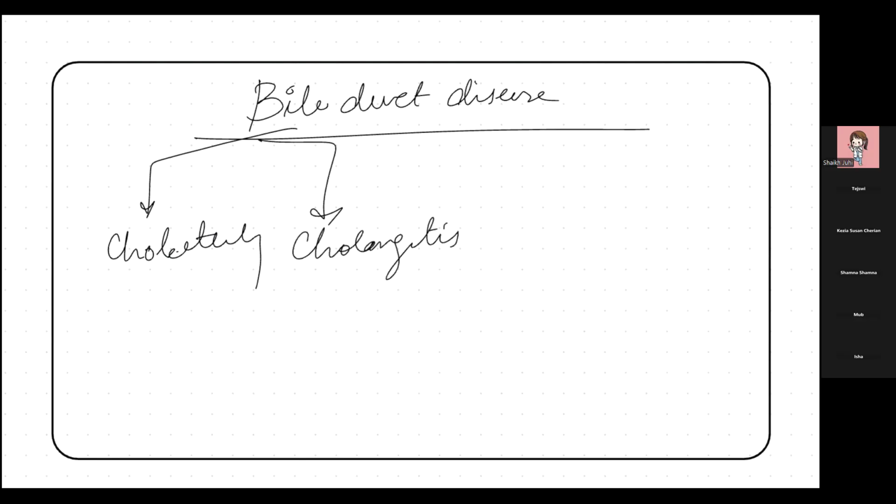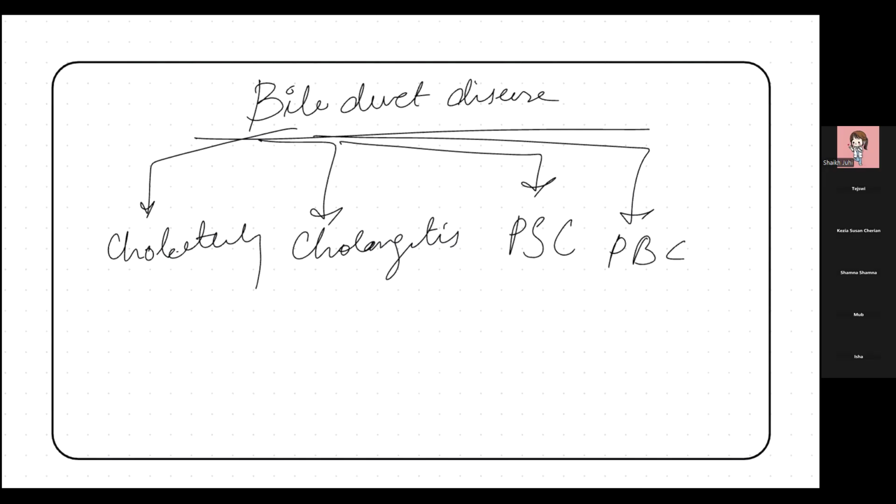There can be primary sclerosing cholangitis, or there can be primary biliary cholangitis, PBC, or there can be any carcinoma over there. Don't need to worry what these terms are, because definitely we are going to deal with what is cholelithiasis, what is cholecystitis, what is choledocholithiasis, all of that we'll be discussing. Don't worry. What is cholangitis? Don't worry about that. So these are the possibilities of disease of bile duct.